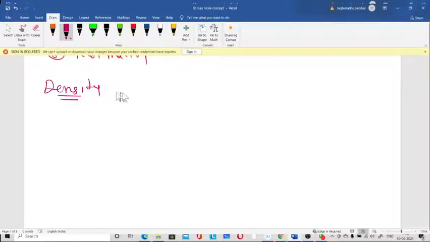Density is used for both gases and liquids. For solids we can use it, but we don't, because we don't take concentration terms for any solid. Concentration terms are mainly used for gases and liquids.